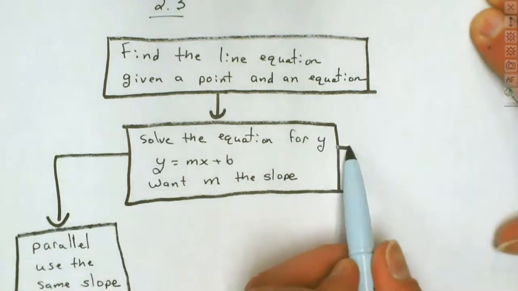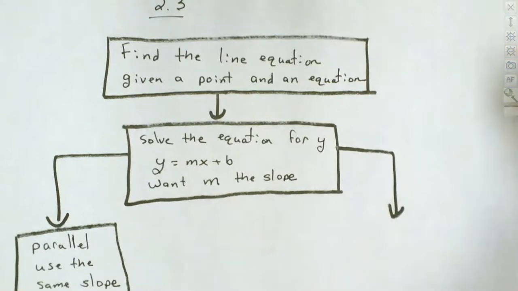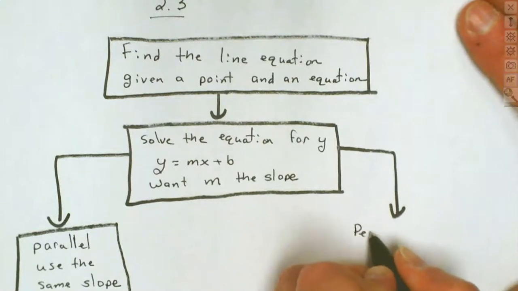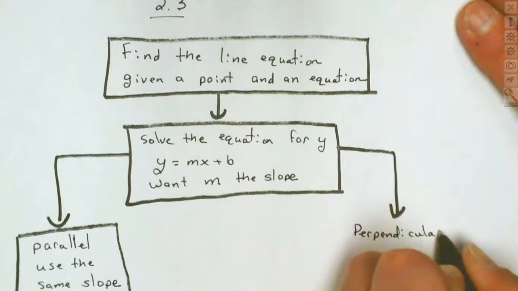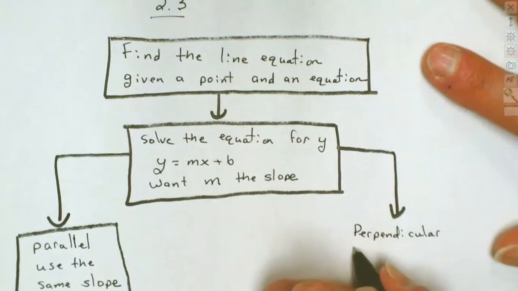And the other side is going to be if it's perpendicular. And if it's perpendicular, we use the opposite reciprocal slope.